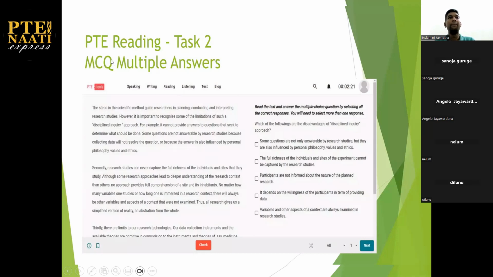ඒ වගේමයි multiple choice single answers category එකේදී same approach එකම තමයි කරන්නේ.